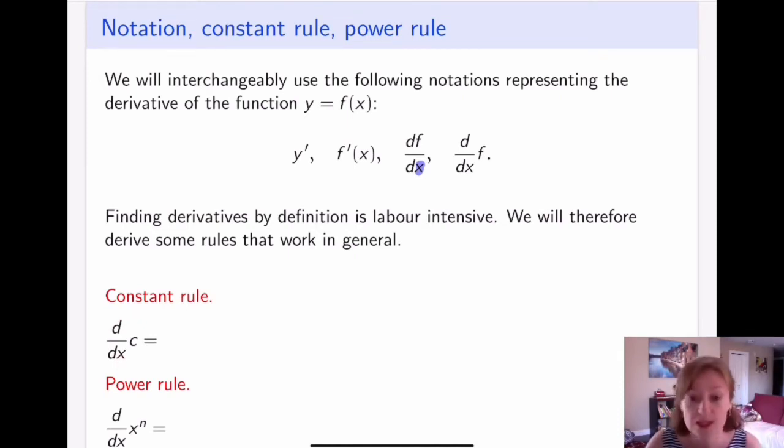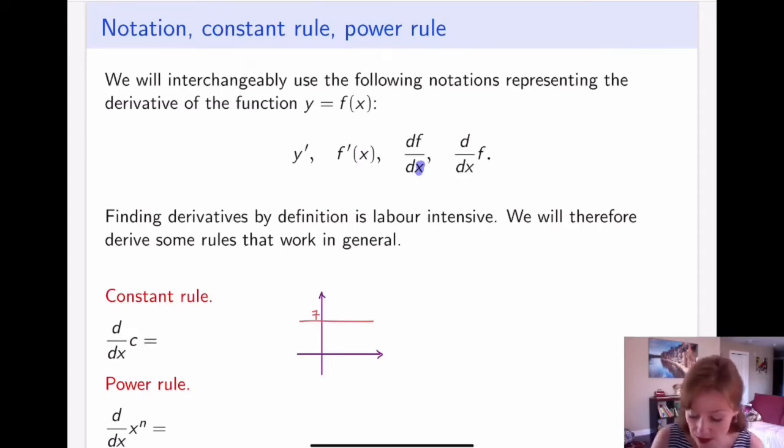Let's think about that as a graph. What does y equals 7 look like? Well, y equals 7 is a line, and in fact, it's a horizontal line. There it is. Graphically, the derivative is the slope of a tangent line to our graph. Here, it doesn't matter what point x I pick, the tangent line is the line itself, and the derivative is the slope of that line, which in this case is 0.